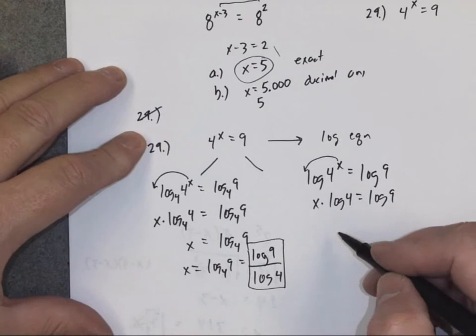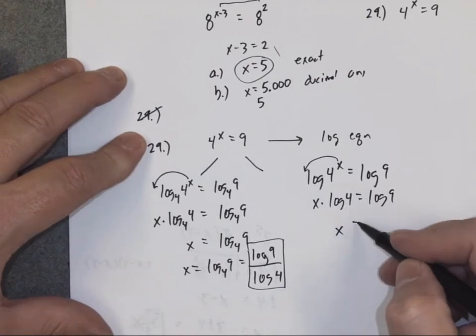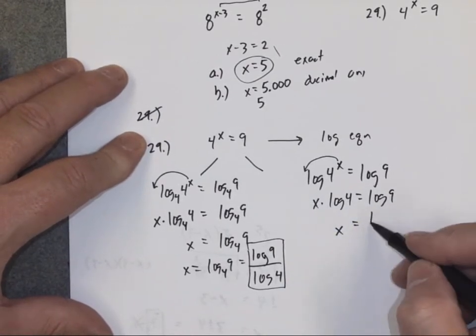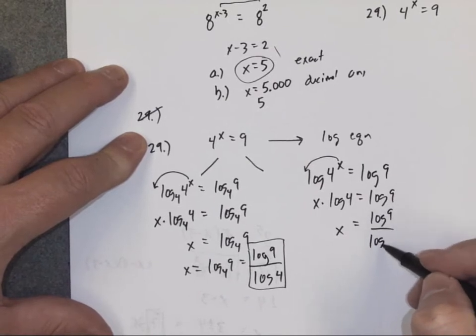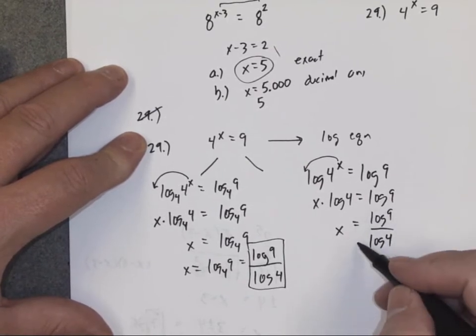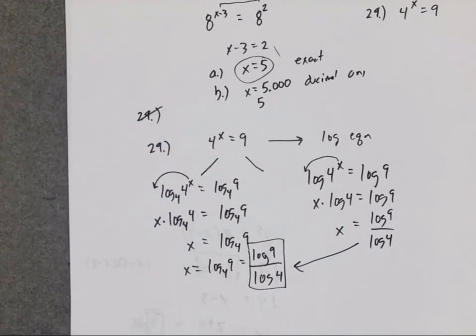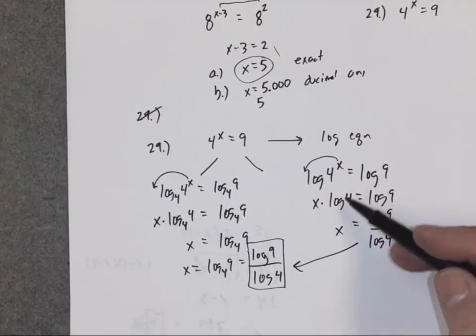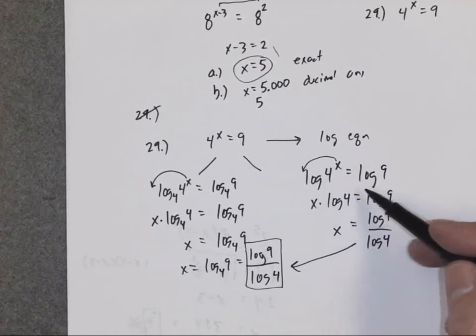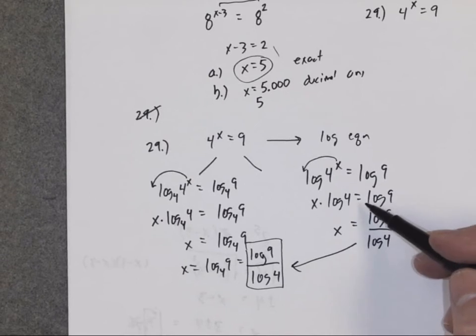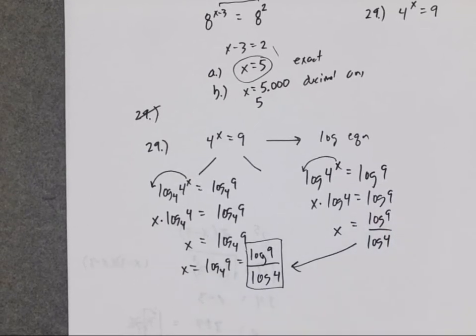So if I'm going to solve for x, divide both sides by log base 10 of 4. And you know what? Of course, you get the same answer. In my opinion, if I was doing it on my own, I'd probably just take log base 10 of both sides. It's probably a little bit easier, but either way is fine.